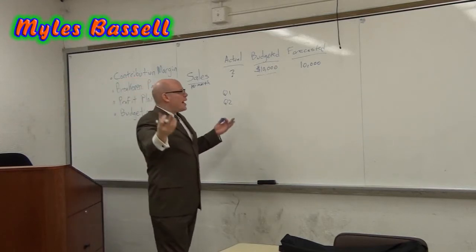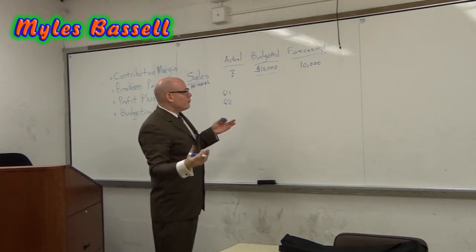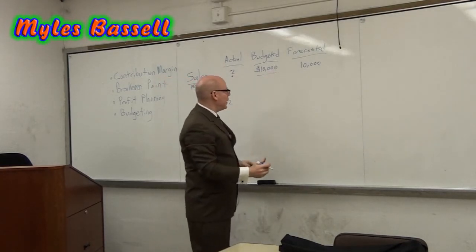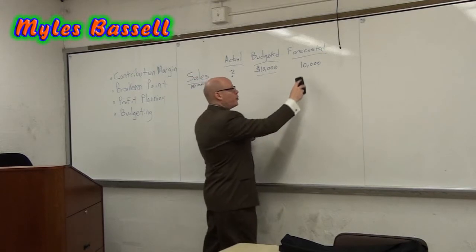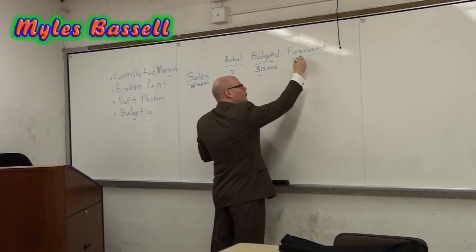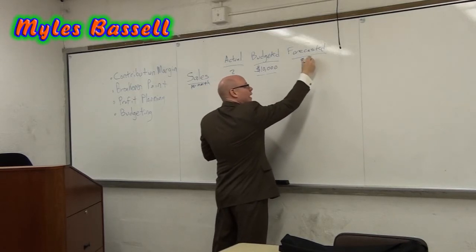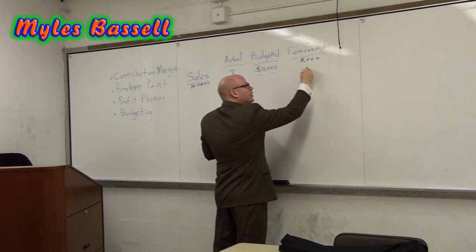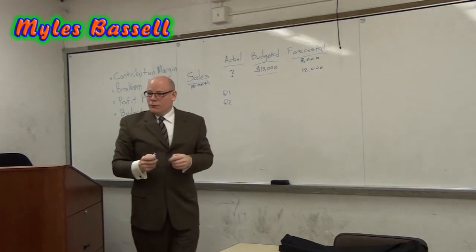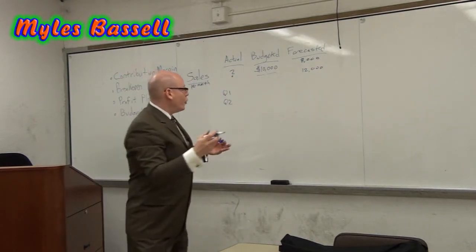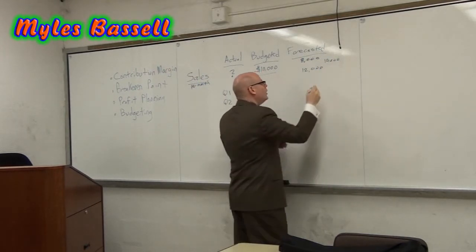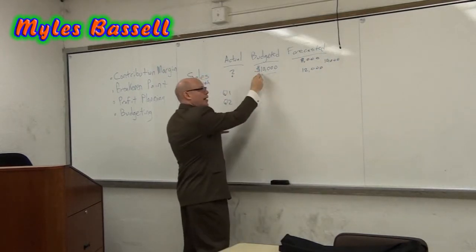But then as we get more information, as we get closer to this period, January, let's say, we're going to adjust this number. Now, it could go up or it could go down. It might be 8,000, or it could be 12,000. We may have originally forecasted 10,000. That's still our goal. That won't change.